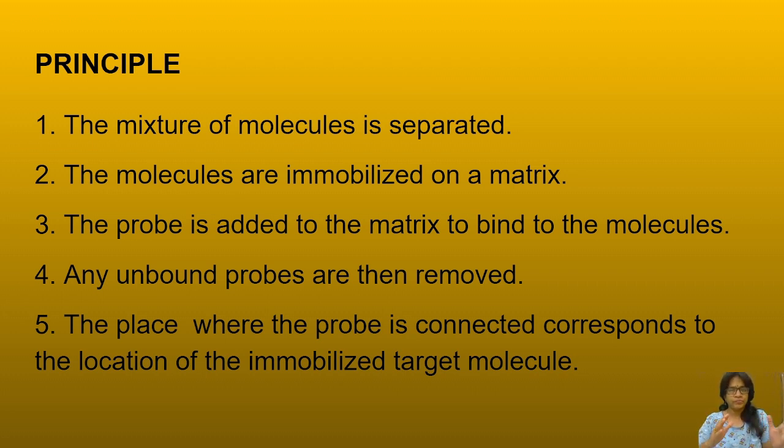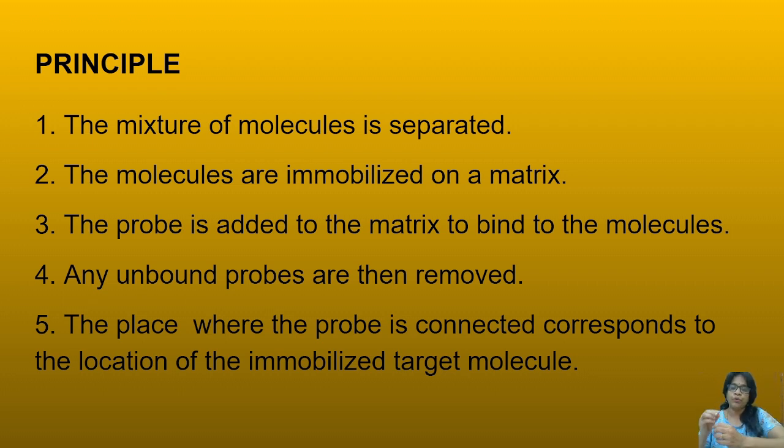When the DNA sample is immobilized, you add a probe. The probe has a sequence that is complementary to, or has binding capacity with, the DNA of your interest, so it can easily bind to it.